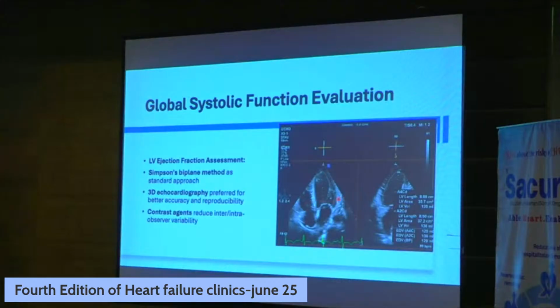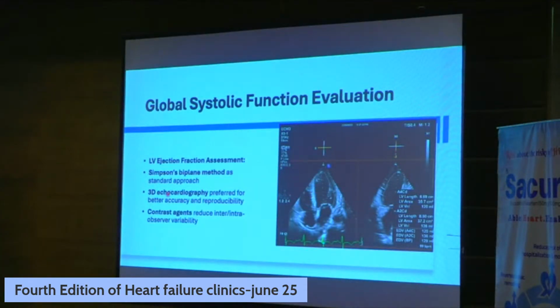Why do we do 3D echocardiography? Because it has better reproducibility. Sometimes you get an EF of 35% from one doctor, and another doctor might give 42%. You get confused whether 35 or 42 is right, because the problem might not be with the physicians; it is the two-dimensional method. You will not get the same reproducibility.